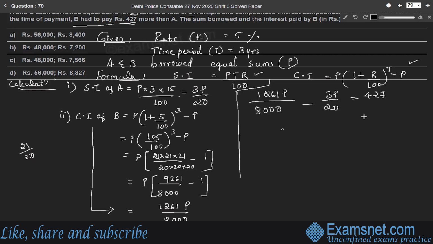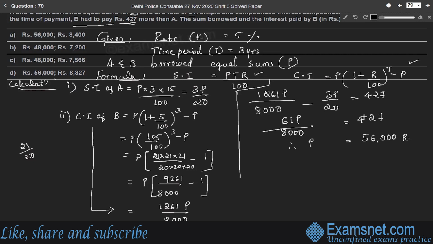Now, taking 8,000 as LCM, the numerator will be 1,261P minus 3 into 400, that is 1,200. So you will get 61P by 8,000 is equal to 427. After simplification, you will get P as 56,000 rupees.